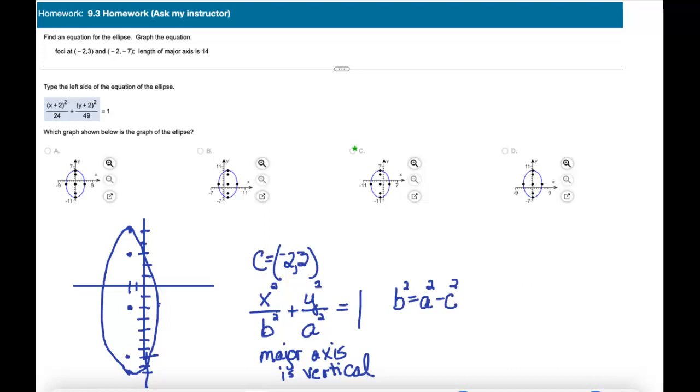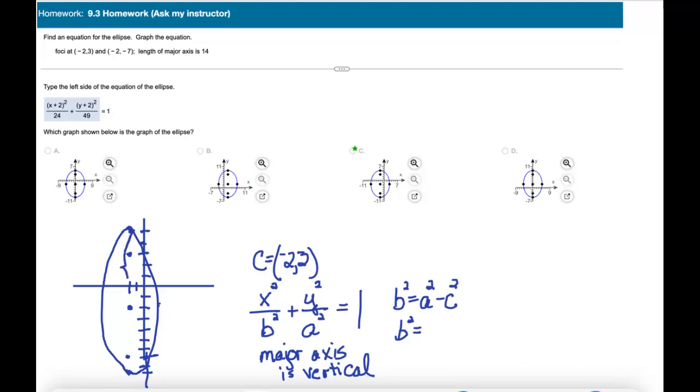So to do that, that's on the minor axis, I've got b squared is equal to, and a is the distance from the center to the vertex, which is 7 units.